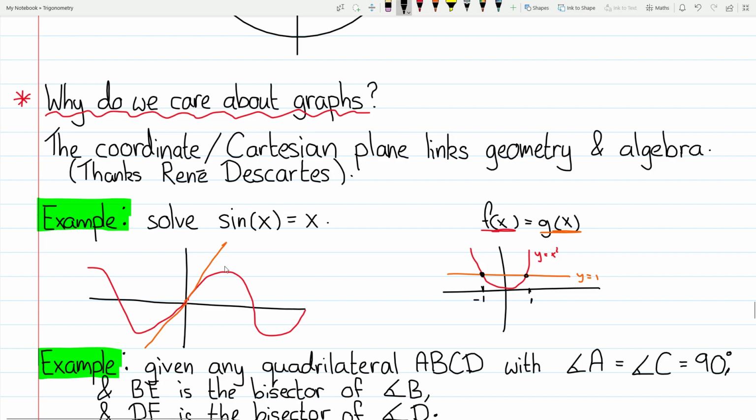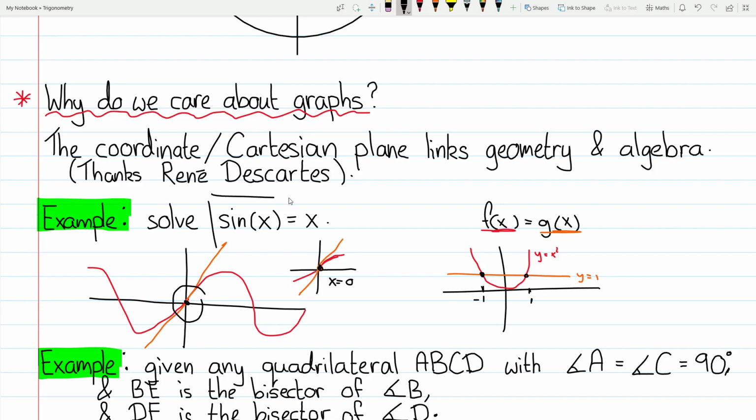And if you really zoom in to this region, this sort of does that, and this sort of pokes out like this. So it only really intersects at the origin. It only intersects once. The origin is precisely the point x equals 0.